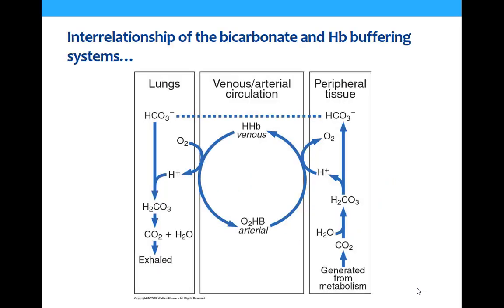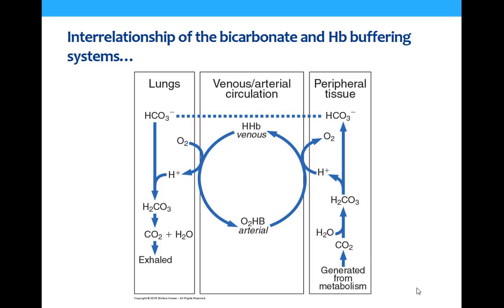If you look here, again it's the same concept. CO2 generated from the metabolism, it is in the blood, okay. It can combine with water and form carbonic acid, releases H plus, which can bind, as I showed you in the previous slide, with hemoglobin.